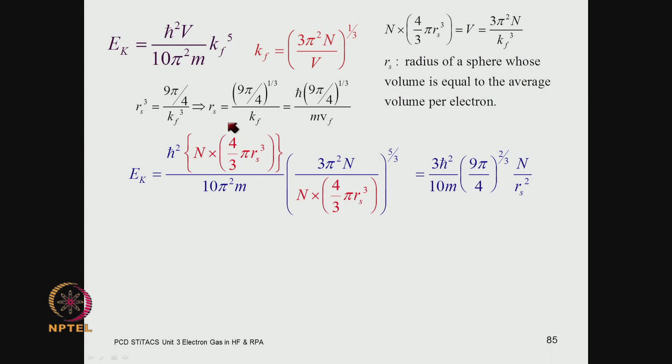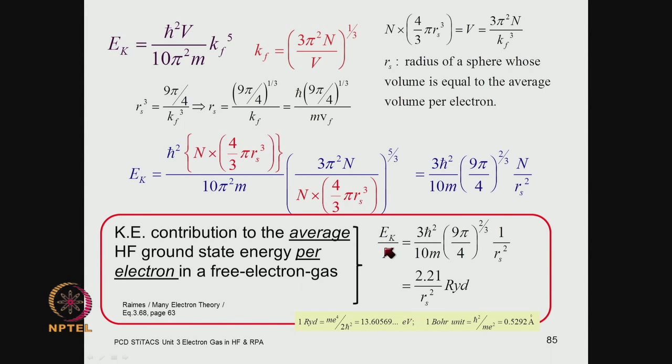What it gives us is the expression for this term Ek in terms of Rs, but this is Ek in terms of the total number of electrons. So it is best that we normalize it for the average Ek per electron. So you divide Ek by N, that gives you an estimate for the kinetic energy contribution to the average Hartree-Fock ground state energy per electron, because you have divided it by the total number of electrons, and that turns out to be this particular value, and all of these are universal constants.